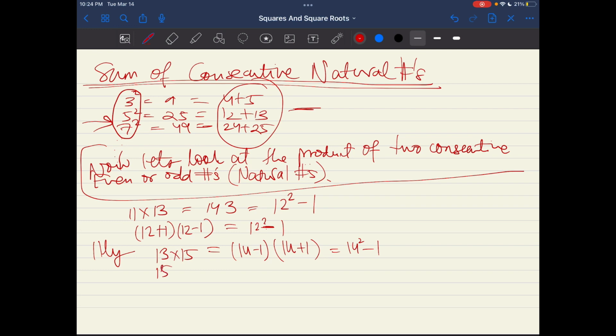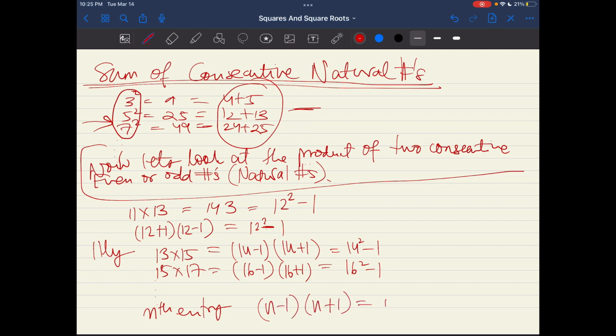And now if we were to look at 15 times 17, we will see it is 16 minus 1 times 16 plus 1, which is 16 squared minus 1. Similarly, if we keep going, we'll see at the nth entry, we have n minus 1 times n plus 1, which will be n squared minus 1.